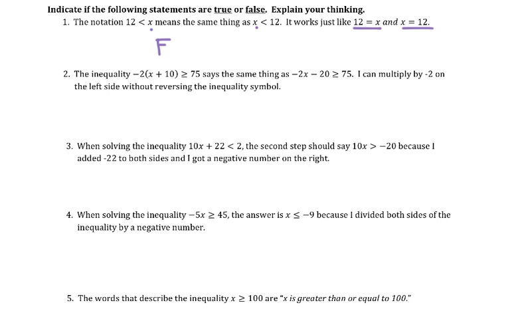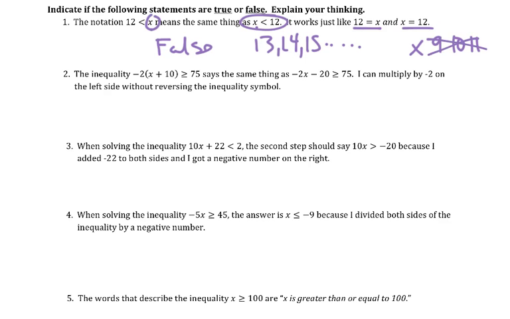So that would be false, because this is saying x can be 13 or 14 or 15 or so on, whereas this one is saying x has to be less than 12, so it has to be like 11, 10, or 9. Okay, so they're definitely not the same, so it doesn't work to flip them around, unless we keep the same thing like that.